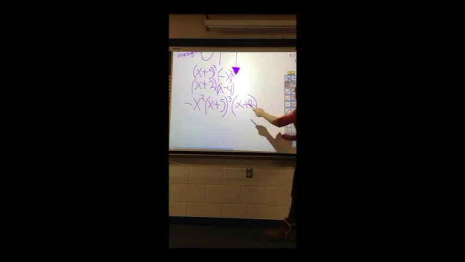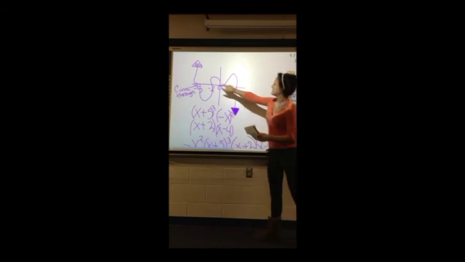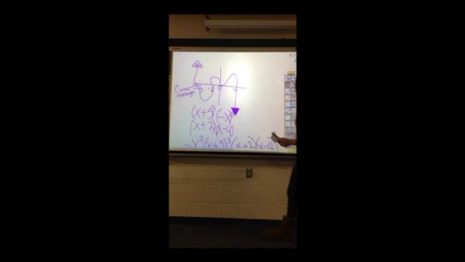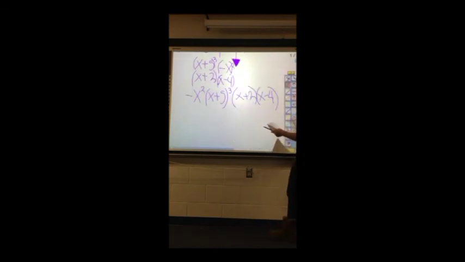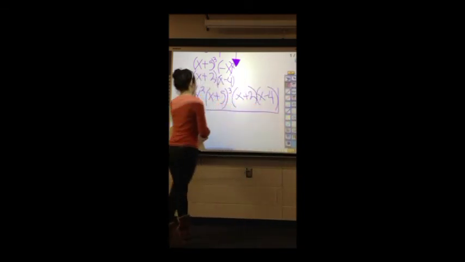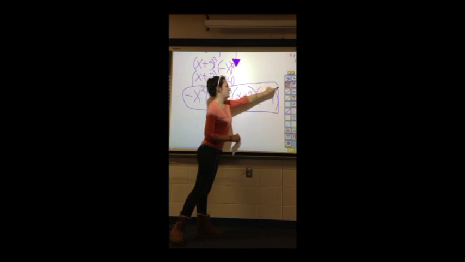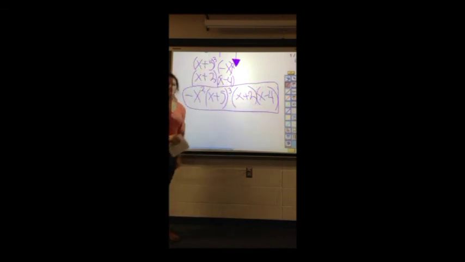And then last but not least, we're going to have the x minus 4. And that's not going to have a degree either because it also goes straight through. As you can see up here, these two don't have anything special to them. And that's your function right here. So if you plug this into a calculator or try to draw it, you're going to get that graph that we already have up there.